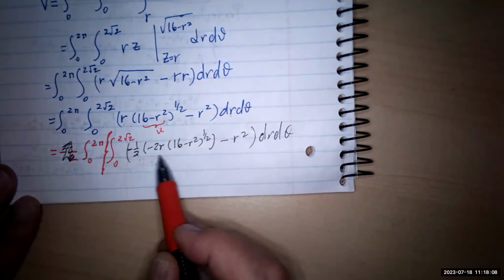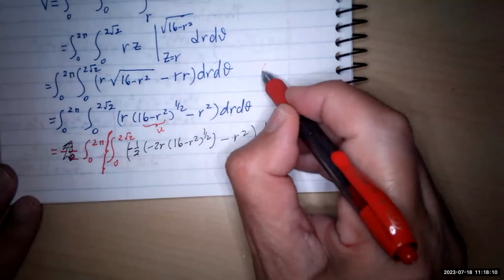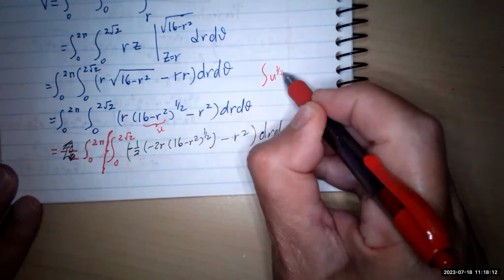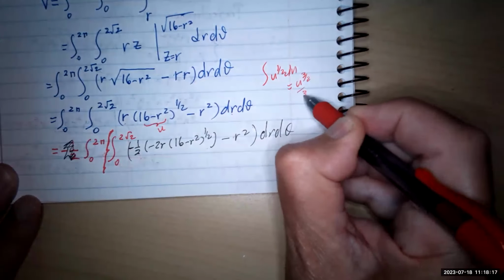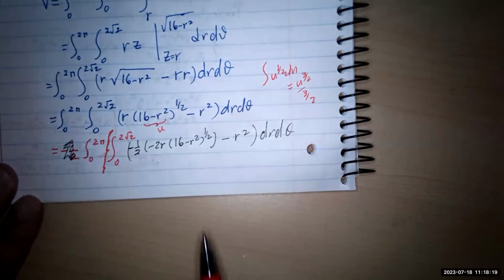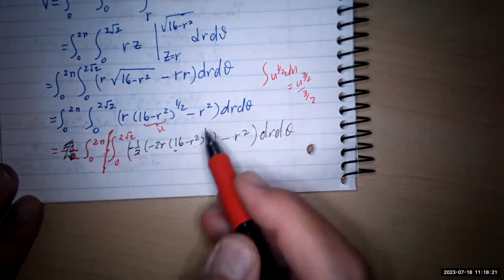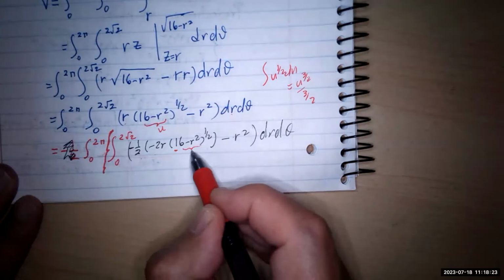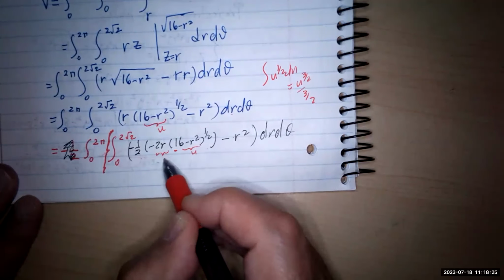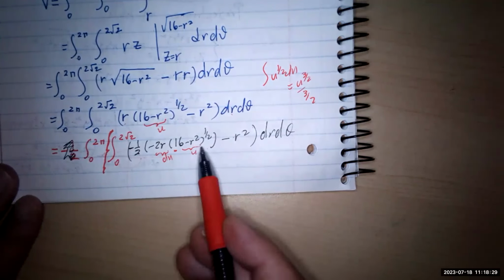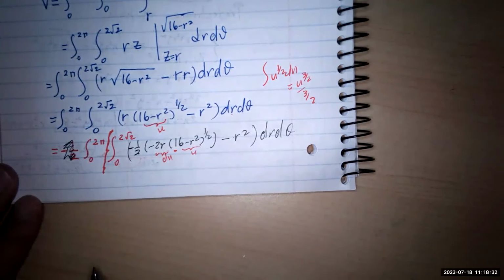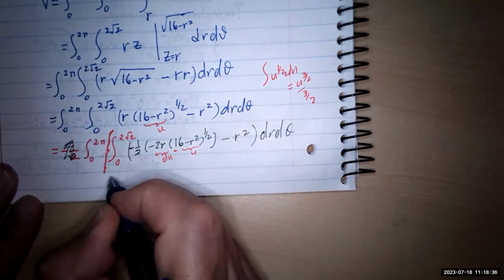Now I'm ready for this part. I have u to the 1/2 du, which is going to be u to the 3/2 over 3/2, because I take this one to be u, and this would be my du. So that simply would be 16 minus r squared to the 3/2, and r squared is easy.